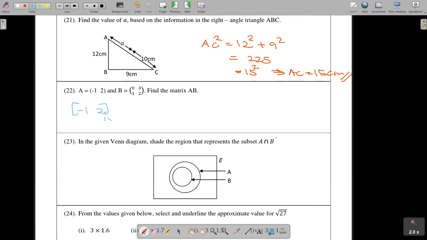Here what is the order? 1 into 2. Here what is the order? 2 into 2. So the 2 and 2 cancel off. You will get a matrix of order 1 into 2. So like this one. First row, first column: minus 1 into 0, 0, 2 into 1, 2. First row, second column: minus 1 into 2, minus 3, plus 4, 1. Okay. Is there a second row? No. That's all.